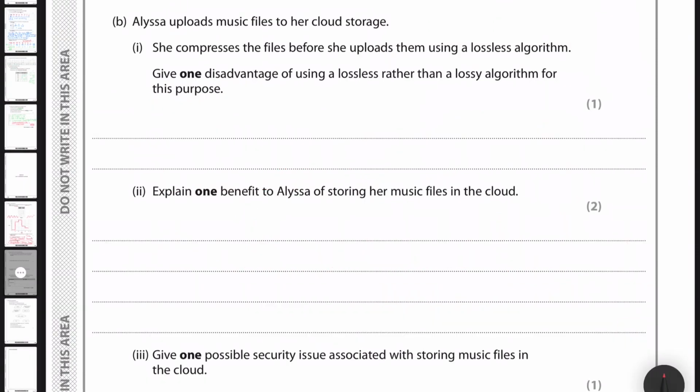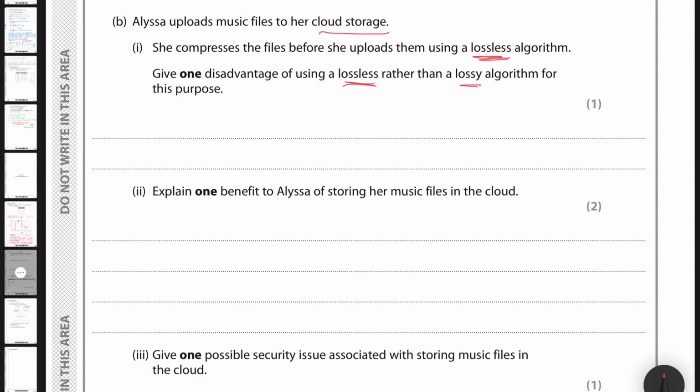Alyssa uploads music files to her cloud storage. She compresses the files before she uploads them using lossless algorithms. Well, you wouldn't really use lossless algorithms on sound files, but okay. Give one disadvantage of using a lossless rather than a lossy algorithm for this purpose.